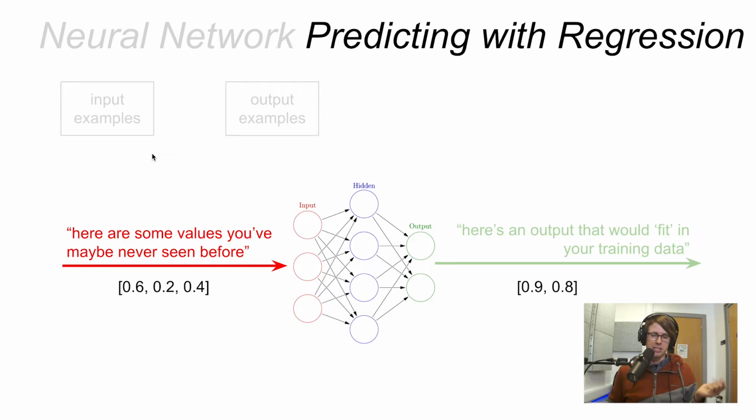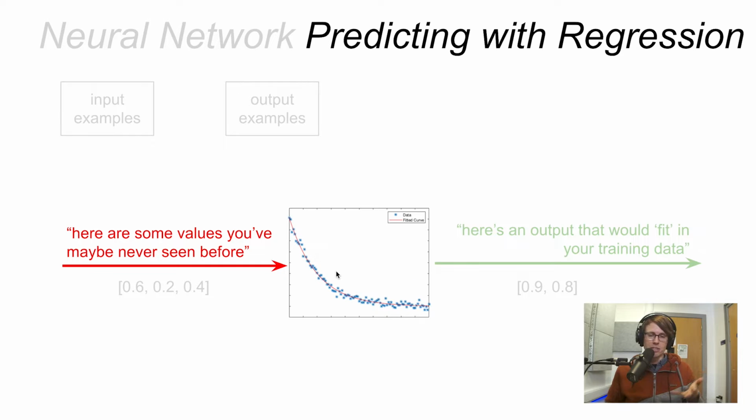One way to think about this is if these blue dots are all of our data points and they fit in this space in a curved way, the neural network is able to learn this red curve that represents the general shape of my data. That way, if I give it an input value that is not in the training examples that I showed it, it goes to this red curve and then is able to identify, if this were an input point, what output point would this correspond to so that it fits within my training data.